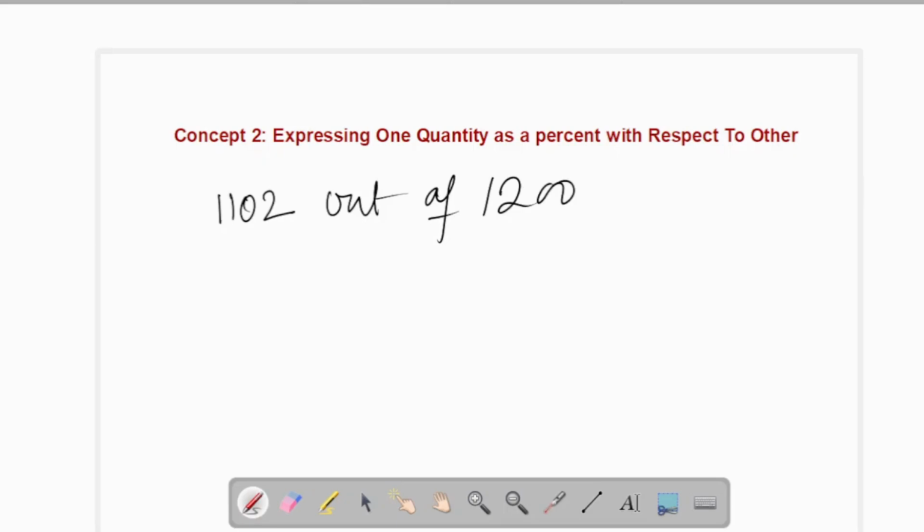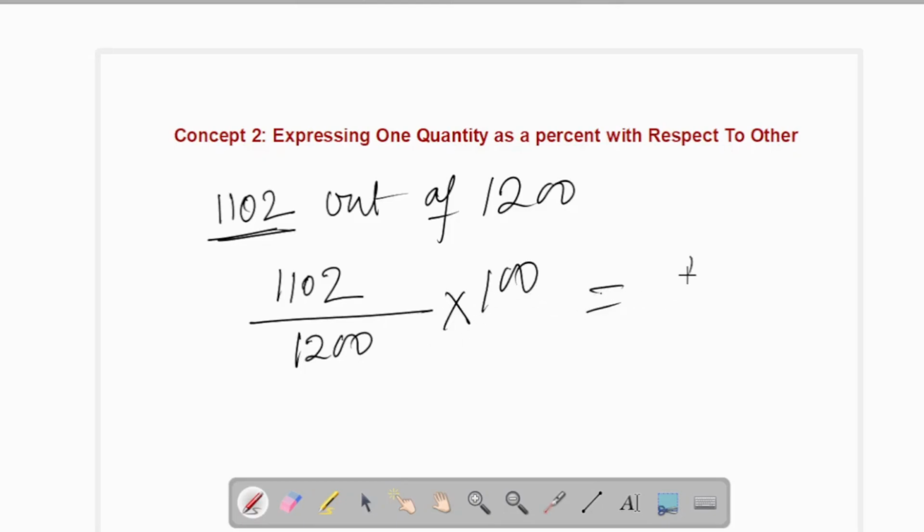To calculate this, 1102 is the one quantity which she got, and 1200 is the second quantity, and then I will multiply with 100. It comes around 91.83%.